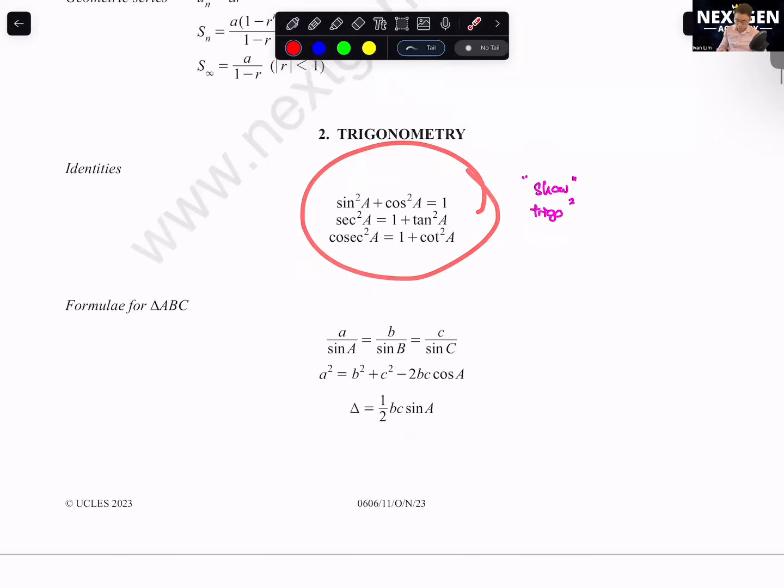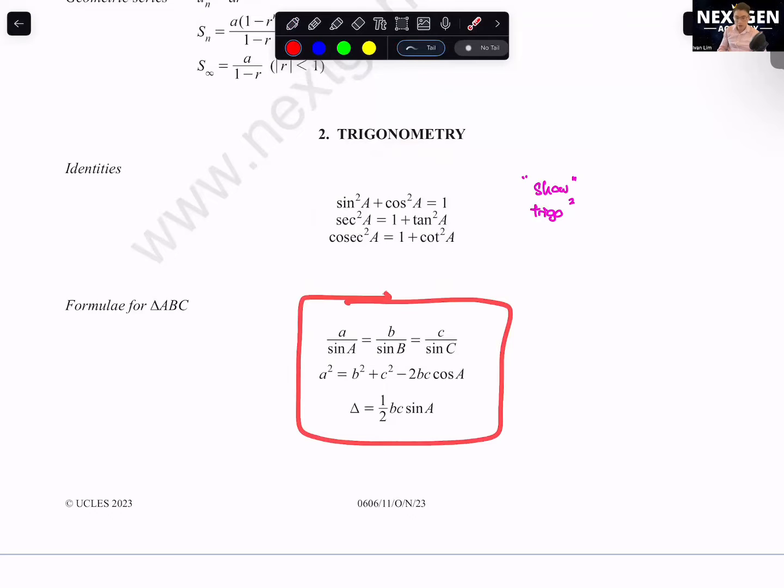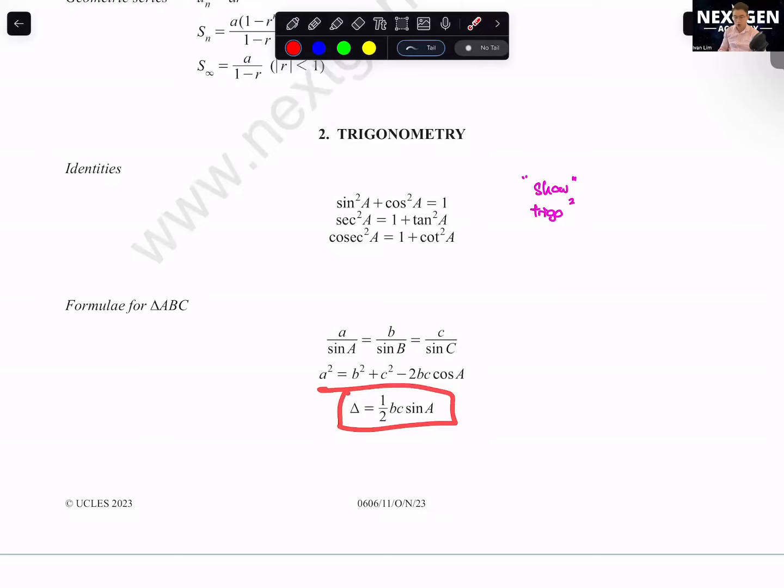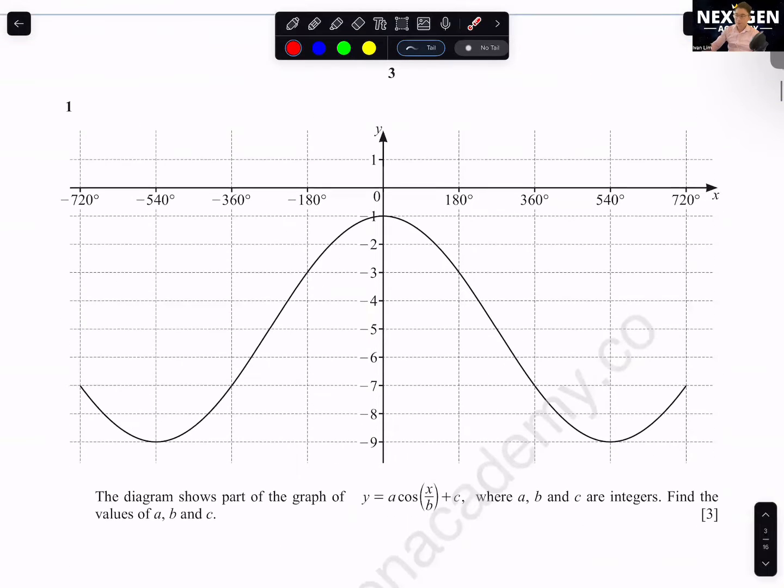Then the formulas for triangles are normally used for circular measure type questions: you've got your sine rule, cosine rule, and the area of a triangle that is not right-angled. This is normally used for a scalene triangle or for circular measure type questions. All cool? Refer to that list if you need any reference.